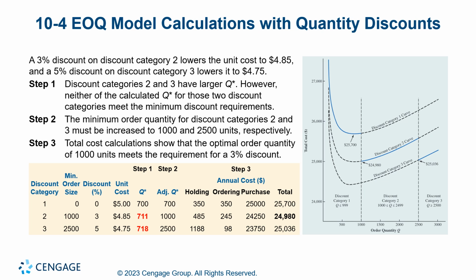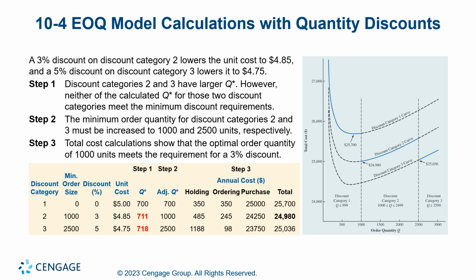Based on my ordering cost and holding cost, I think the quantity that would minimize my total cost is 700. But you may think, what if I want to enjoy this discount? So what you do is, you try to use these unit costs.